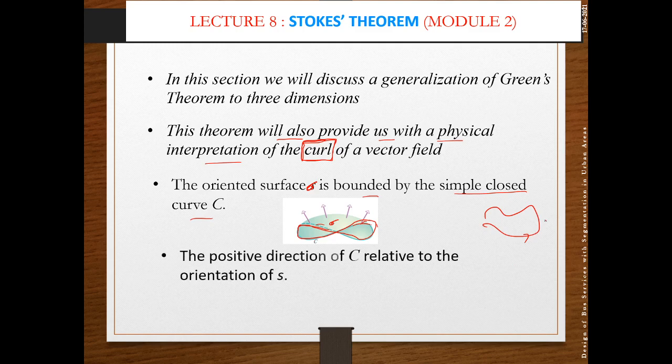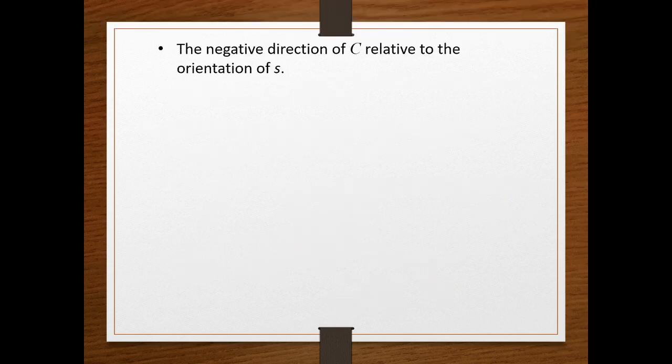So first I will define what is the positive direction of C. The positive direction of C relative to the orientation of S is this: if a person is walking along the boundary, and the surface is on the left side of the person, as this person is walking like this, then we say that it is the positive direction of C. That means if a person is walking along the boundary of the surface and the surface is on the left side of the person, then we say that C is in positive orientation or positive direction.